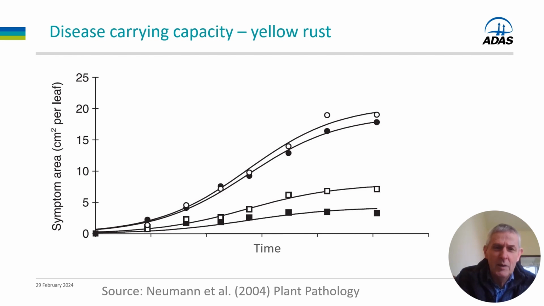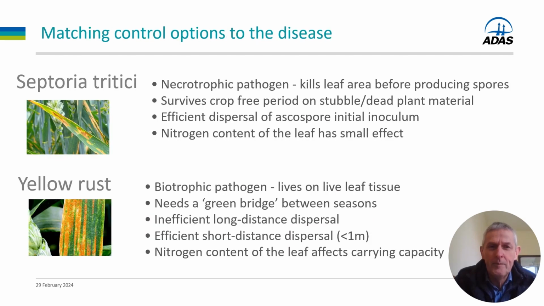So let's just think about our two contrasting pathogens and what the options might be for achieving these different methods to slow the epidemic. So Septoria tritici is a necrotrophic pathogen. It has to kill leaf area before it produces spores, and it can produce spores on dead leaf tissue.